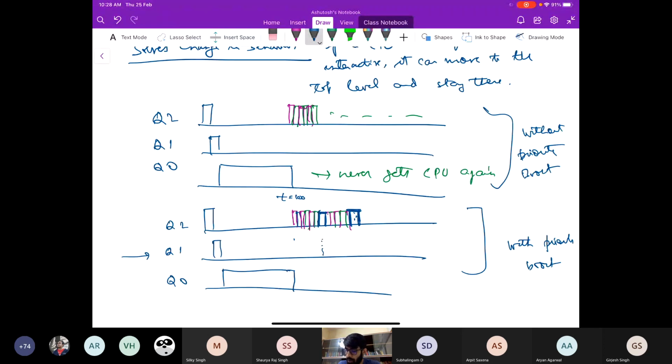It would just be sitting here. And then when the time is up, that S was 50 milliseconds, it will be sent again to the topmost level, and then it will be given the CPU in round robin fashion. Now, if it again uses its time slice completely, then it will be demoted. And if it does not use it, then it will remain at that level. Any question about that?